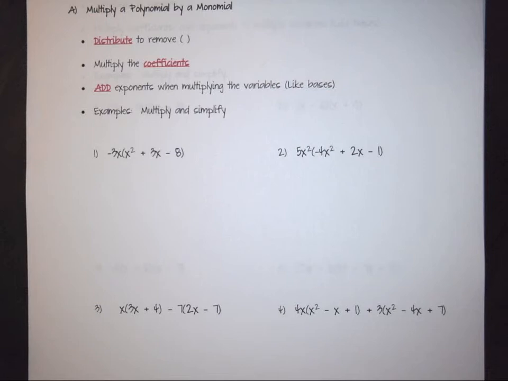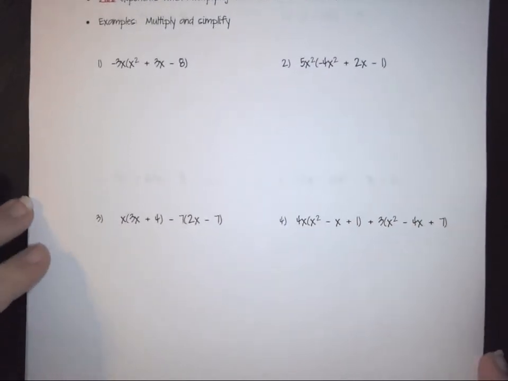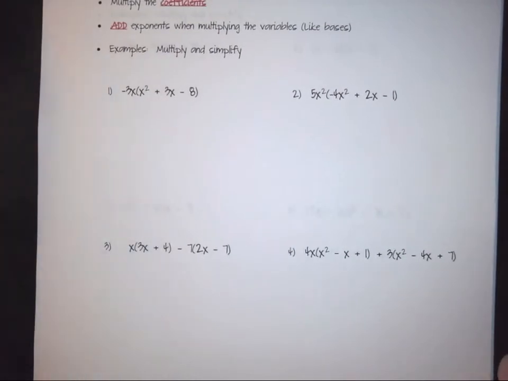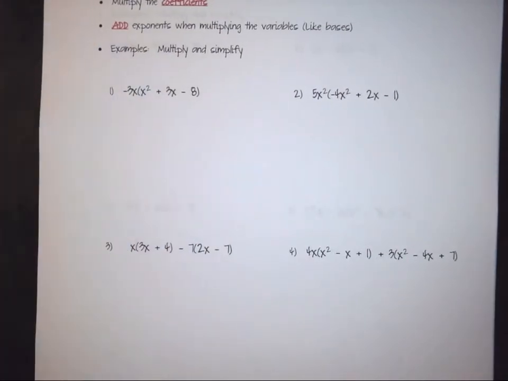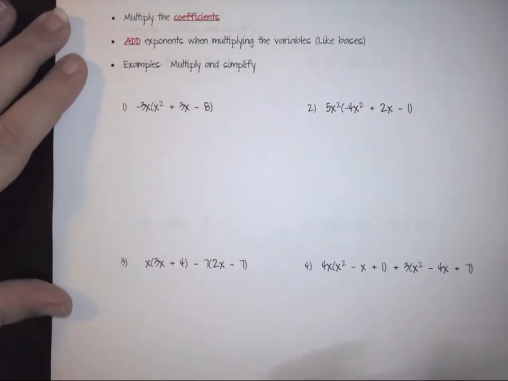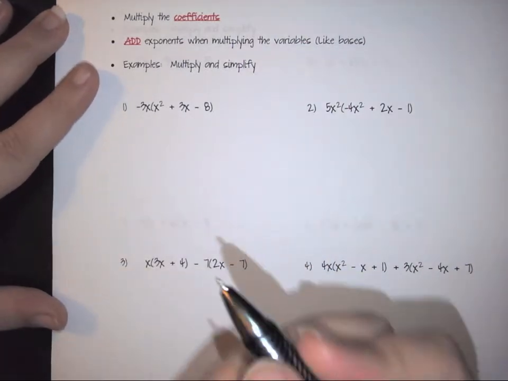Let's do a couple examples where we multiply a polynomial using a single term on the outside. This first one says I have negative 3x and I want to multiply that into the polynomial x squared plus 3x minus 8.